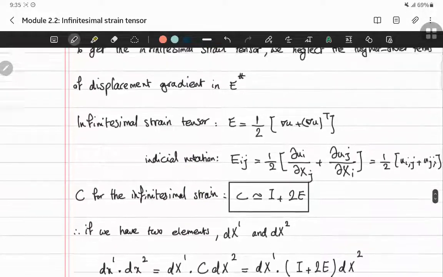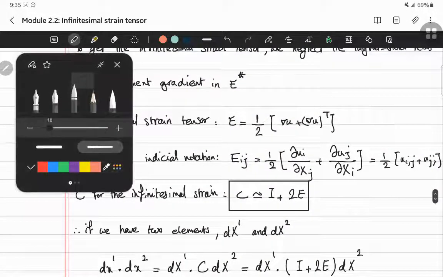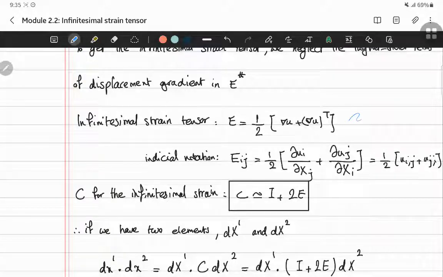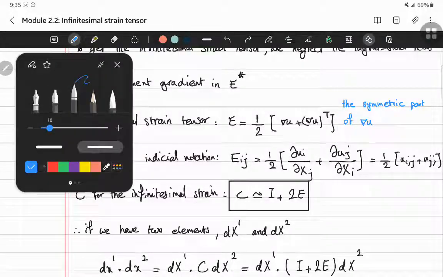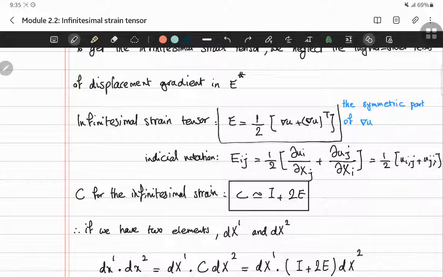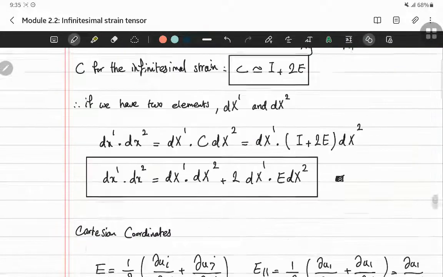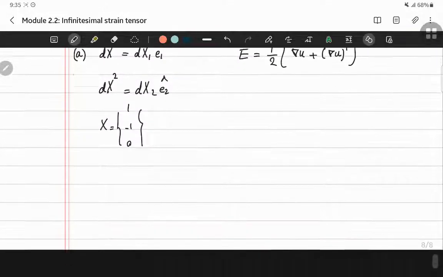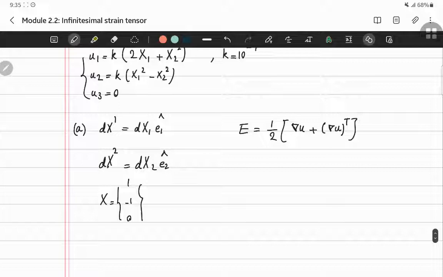So the symmetric part of del U tensor, right? So it's also important. So E, the infinitesimal strain tensor, is the symmetric part of the displacement tensor.